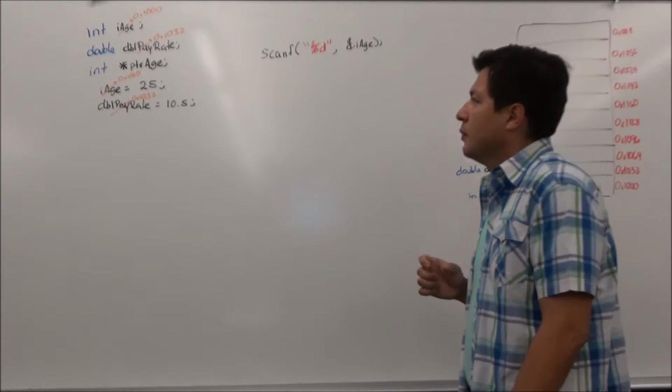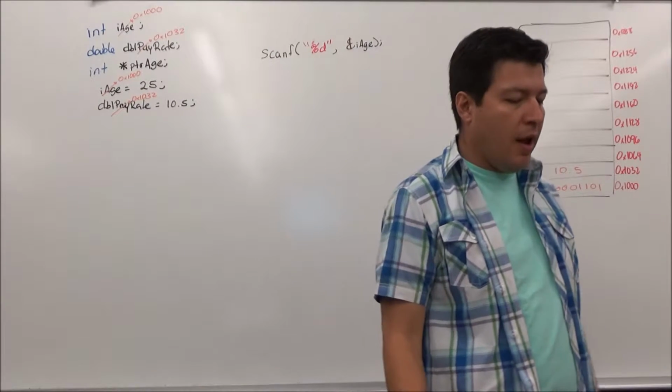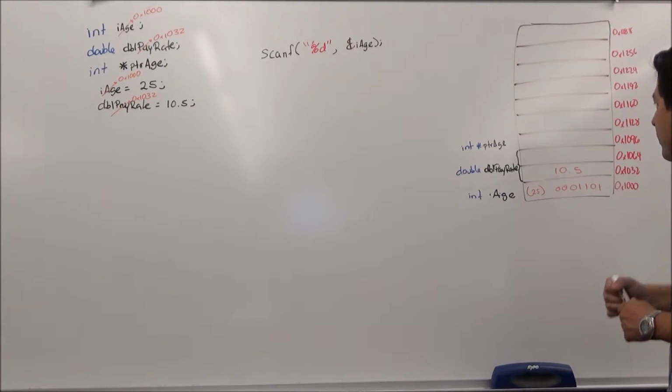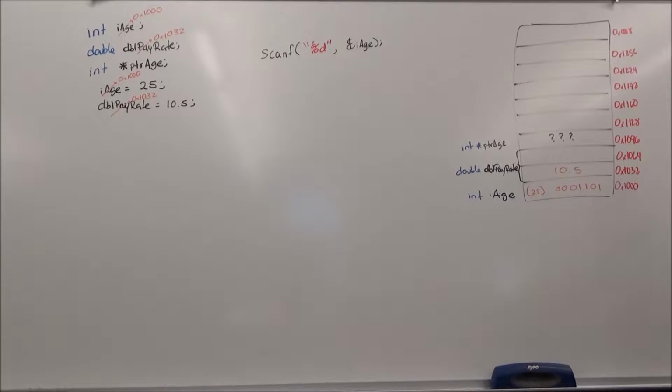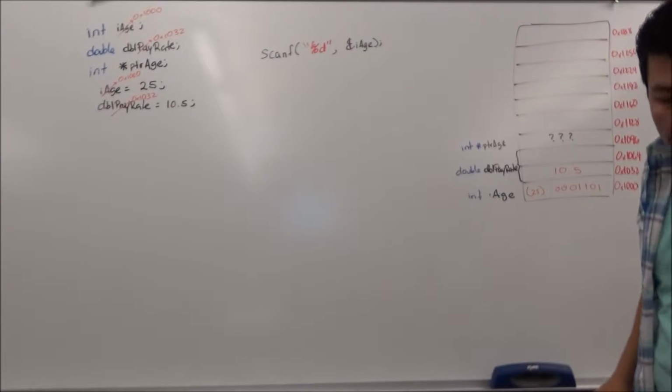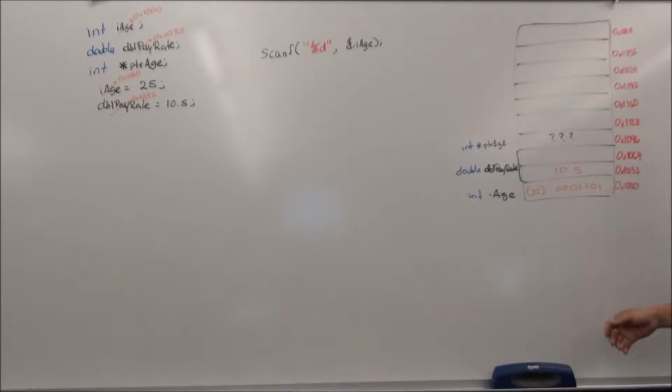So if I don't assign a value, right now it's pointing to, who knows, it has garbage in here. It might be pointing to an address from another program. So if you try to access that, it's going to give you a memory access violation.